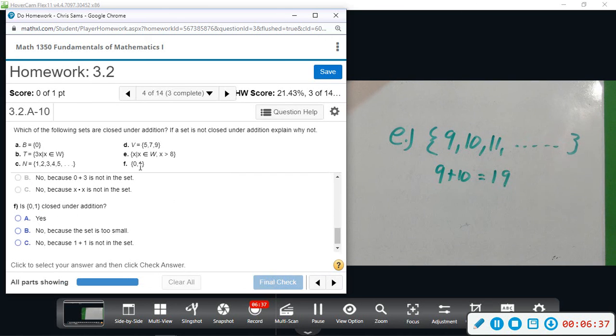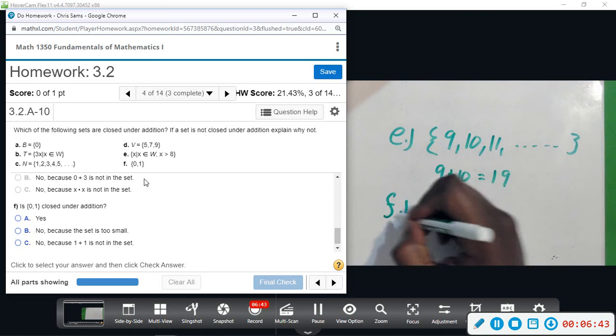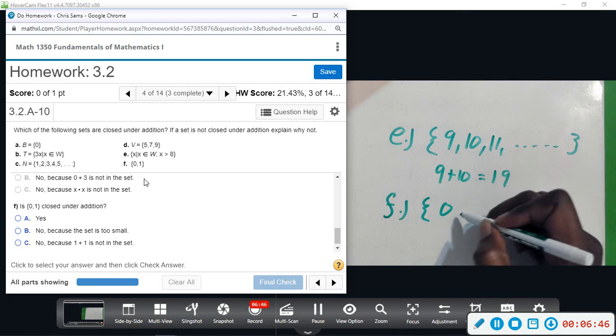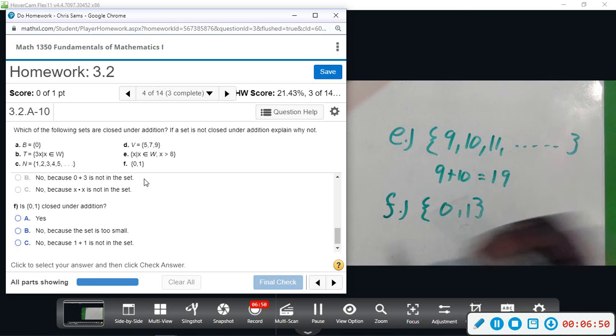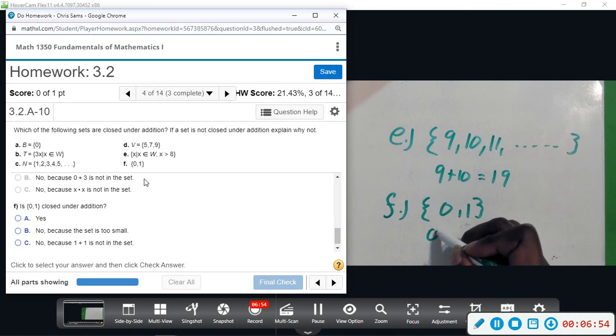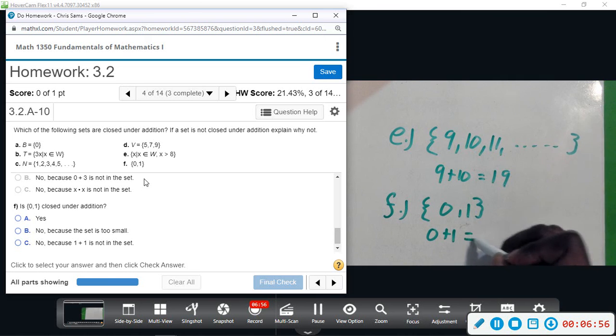And then this last set, F, is the set 0 and 1. Is this closed under addition? Well, it may appear so at first. If you add 0 plus 1, you get 1.